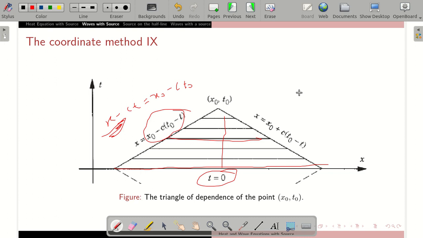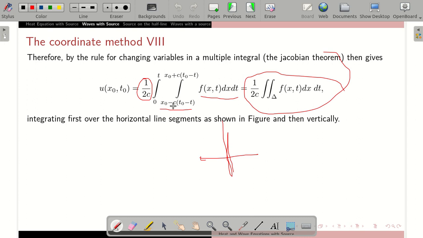In the same manner here, x plus ct equal to x0 plus ct0, so x will be this. Okay. So second limit is x0 minus c, t0 minus t, to x0 plus c, t0 minus t.